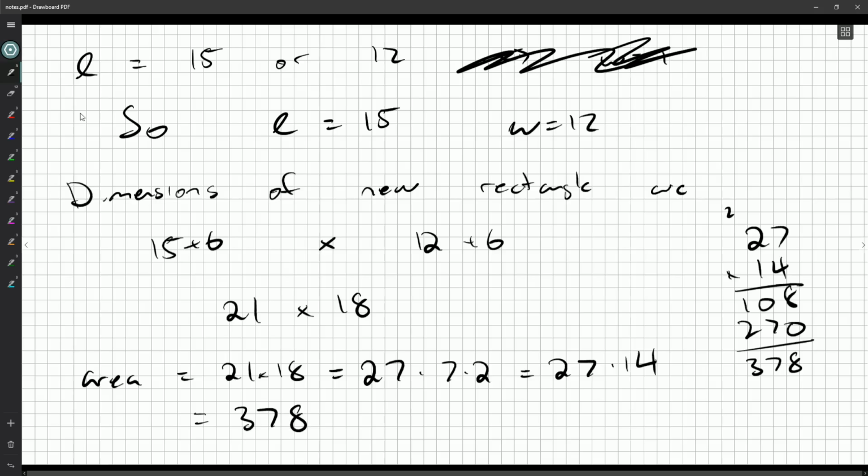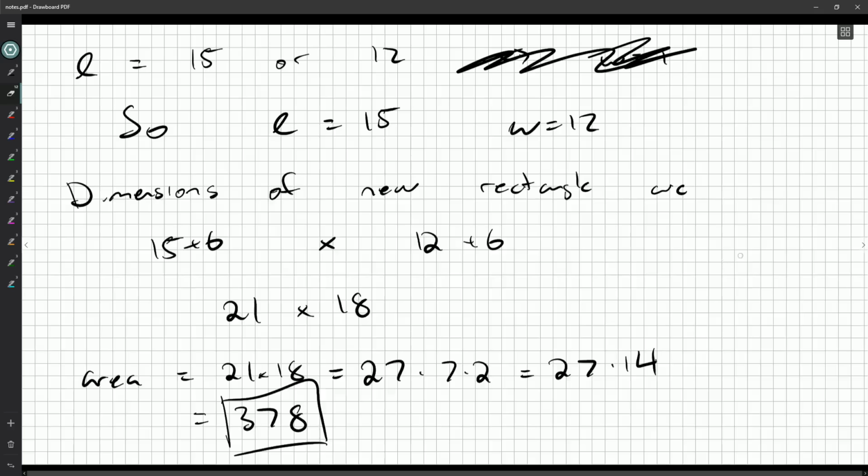So 378 is the area of the new rectangle that we're talking about. Actually, I probably shouldn't have rearranged it like that, because I think it's easier to multiply 21 and 18 just because of the presence of that 1 there. It's actually a little cleaner to do that, and then 0, 1, 2. But we still get 3, 7, 8 in the end.